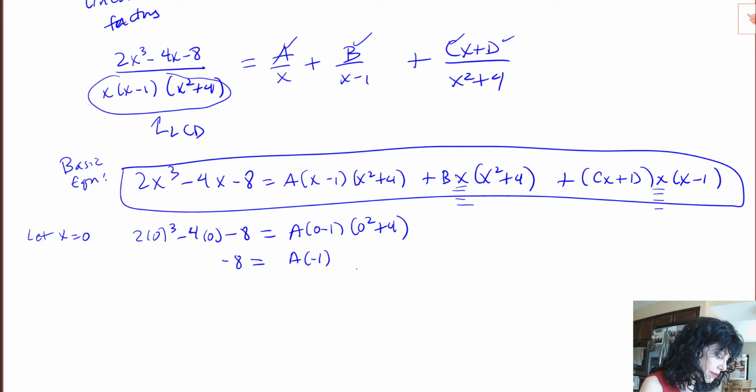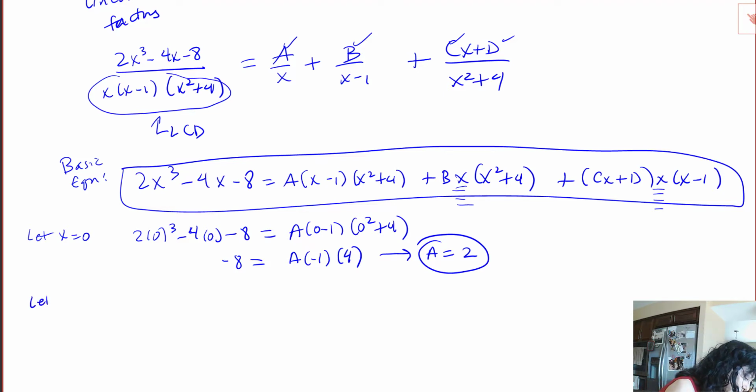And so if I divide both sides by -4 and simplify, I'll get a is equal to 2. Good news, we now have one of our unknowns. Yay, success. So let's go ahead and substitute another value for x into my basic equation.